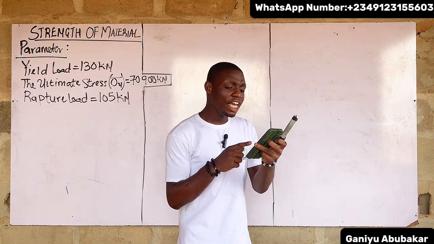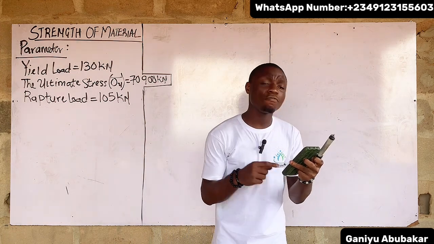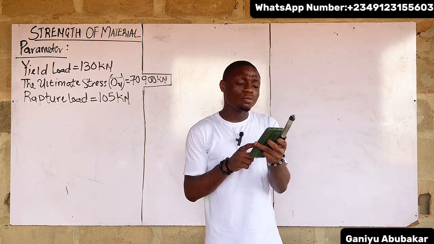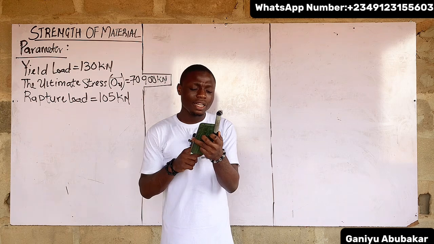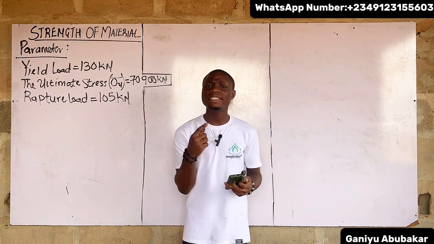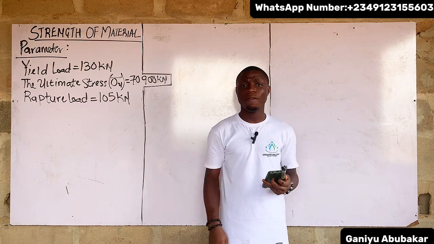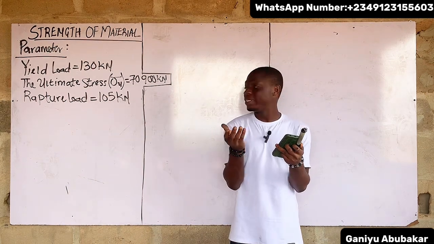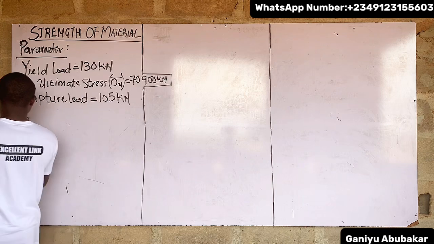I'm given that the diameter of the circular bar is 40, and I'm also given the neck diameter as 30 millimeter. Which one is the real diameter, the diameter of the circular bar or the neck bar? The real diameter there is the circular bar.